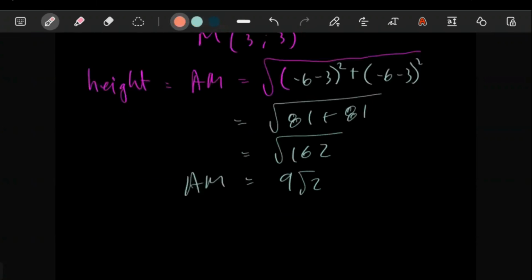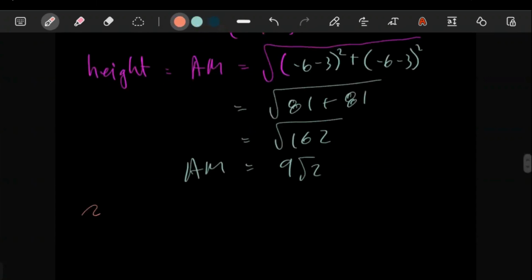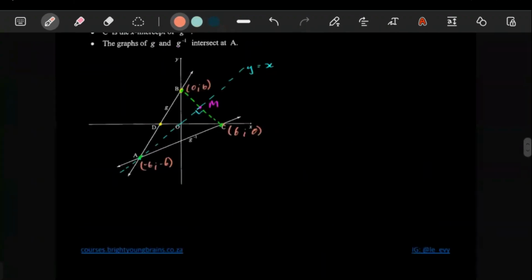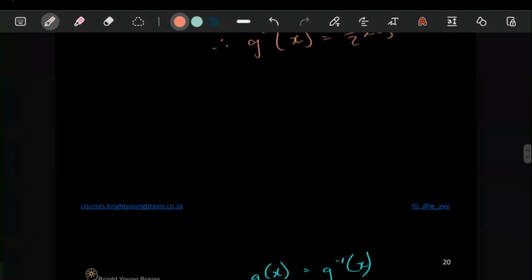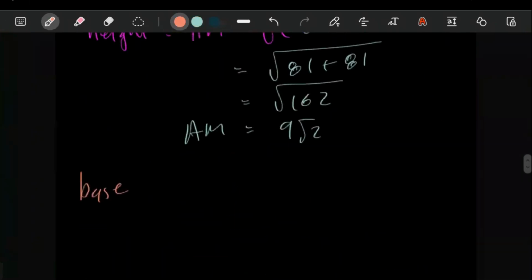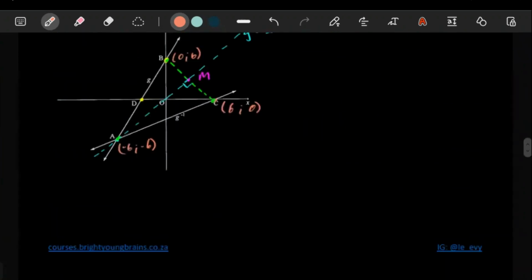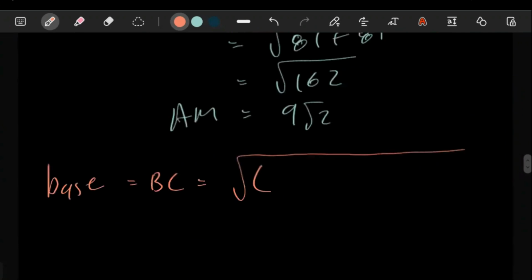The base, clearly, is just going to be the length of BC. Let's get the length of BC. The base is going to be equal to BC, which is the square root of 0 minus 6 squared plus 6 minus 0 squared. -6 squared is 36, and then another 36, square root of 72.